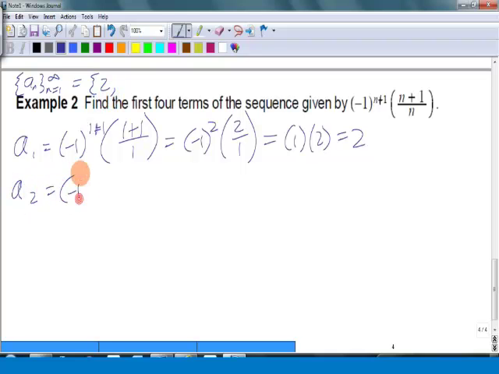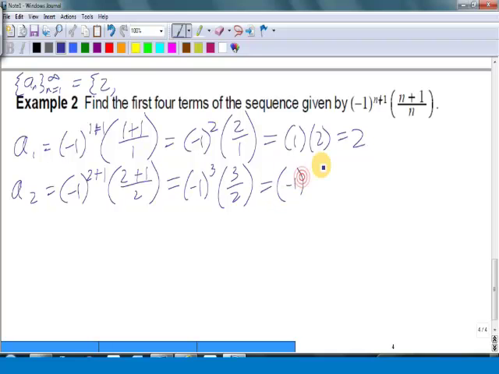Substitute 2 for n. Wherever there's an n, it's going to be negative 1 to the third power times 3 over 2. What's negative 1 to the third power? Negative 1 times 3 halves equals negative 3 halves. Whoops, sorry, negative 3 halves.